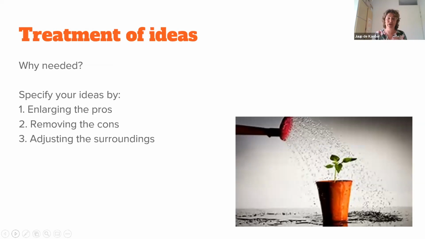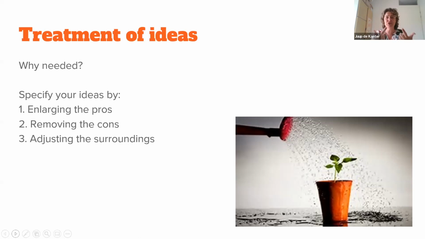And the last one, if you have these vague concepts of an idea, then you have to make it more specific. So in this phase you make them all comparable. They have to become specific, enriched, and suit the criteria.